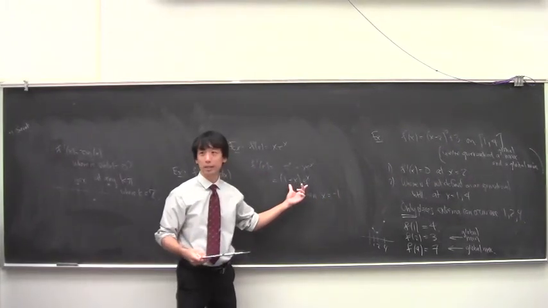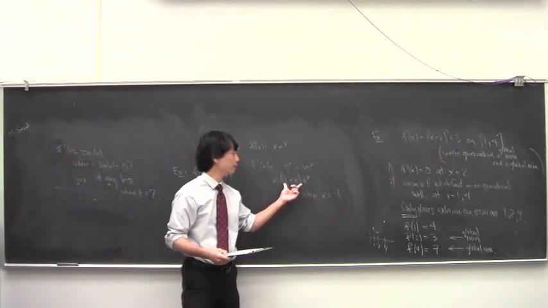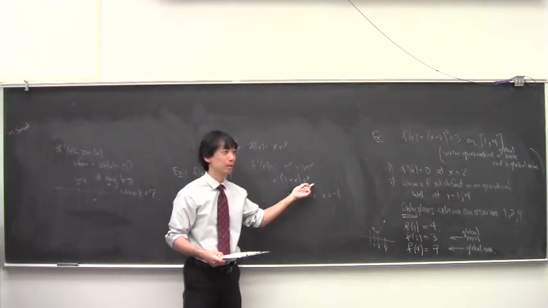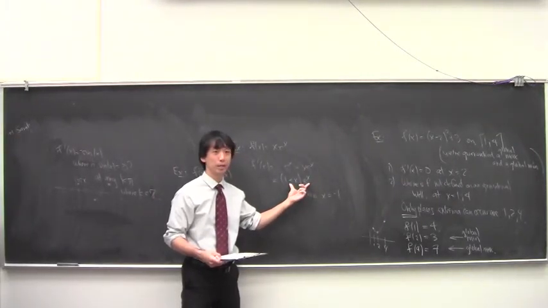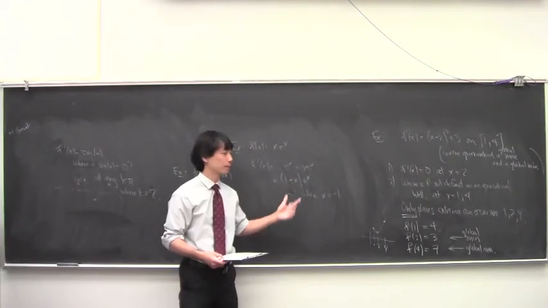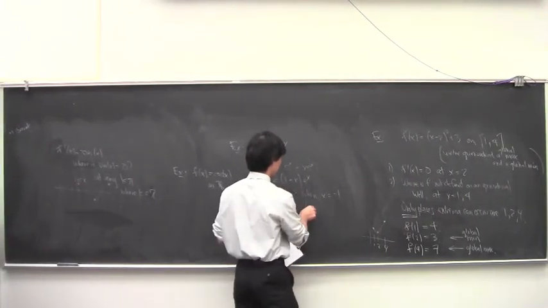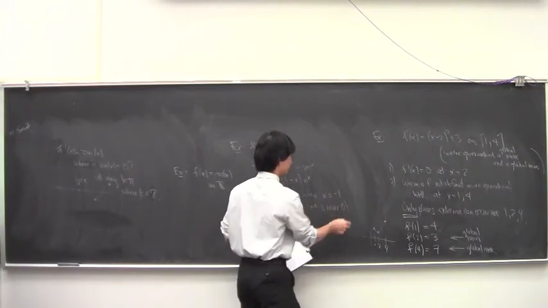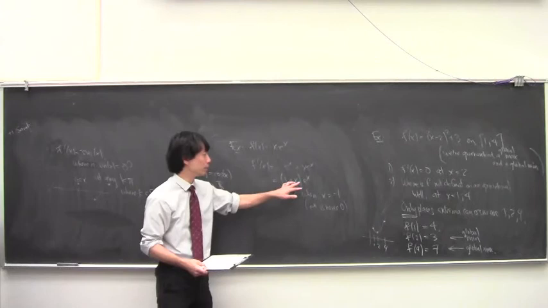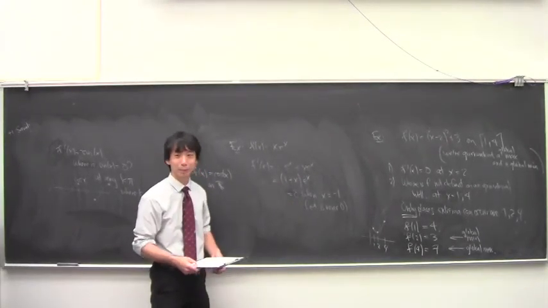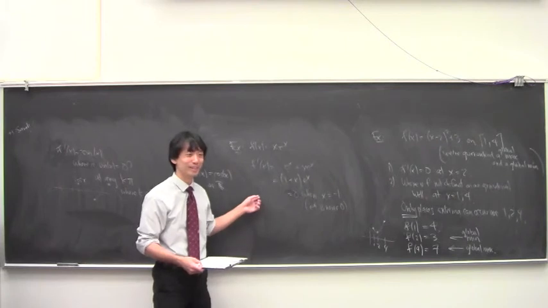The only thing that could happen is either this is 0 or this is 0. e to the x is never 0. The only way that this product could be 0 is if 1 plus x is equal to 0. e to the x is always a positive number. So there's possibly a minimum there, but you don't know.